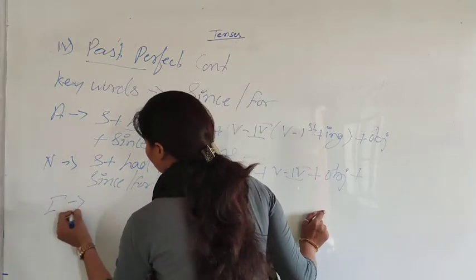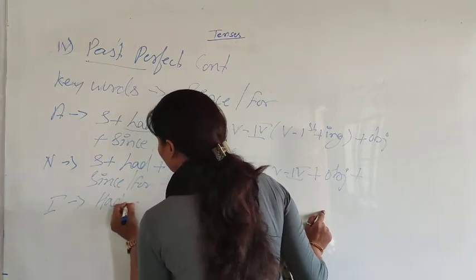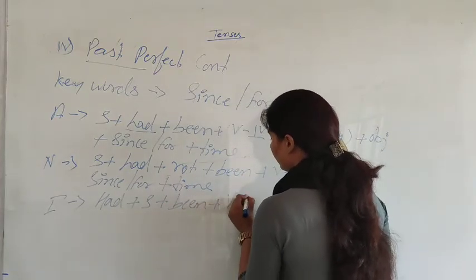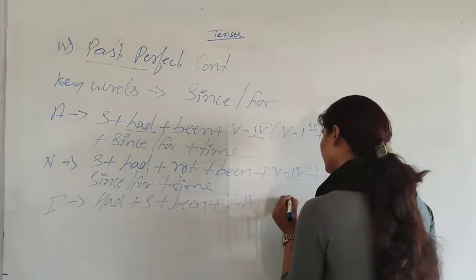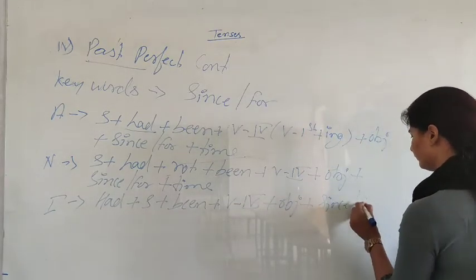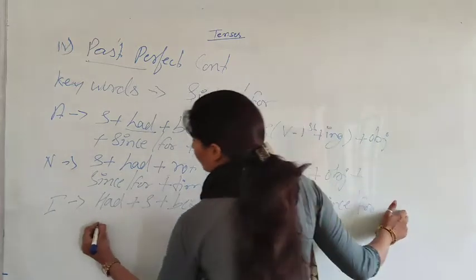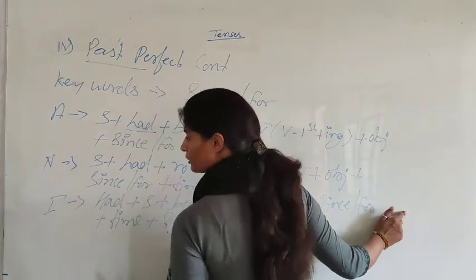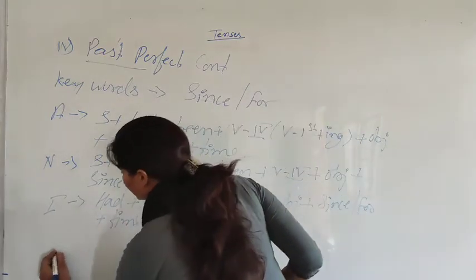Interrogative is had plus subject plus been plus verb fourth form plus object plus since, for plus time and plus question mark. Don't forget this question mark.